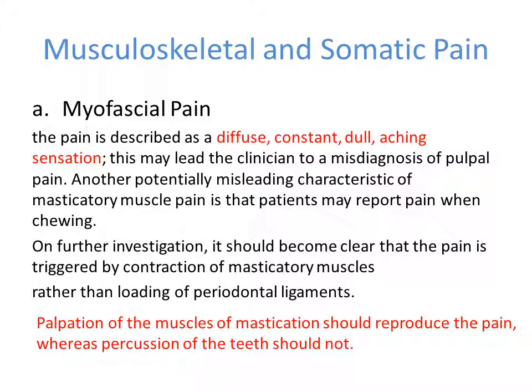So a good examination of the muscles of mastication, especially the masseter, can give you a clue that this pain may be triggered by contraction of the masseter muscle rather than having anything wrong with the periodontal ligaments. Percussion can help, and a good examination of the tooth again can help. By palpation of the muscle of mastication, the patient can tell you where the pain is, while in percussion there is no pain.